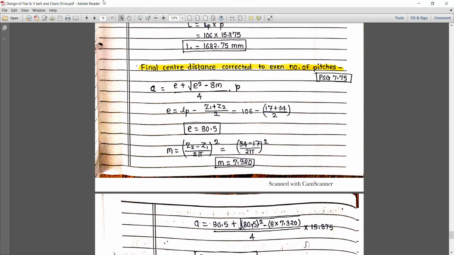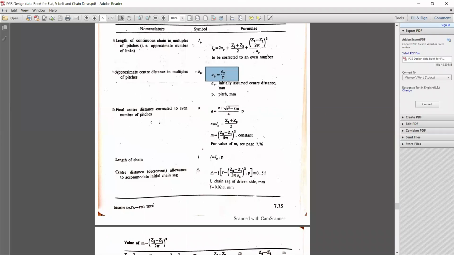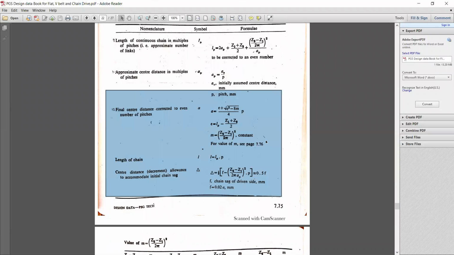Now the final center distance corrected to an even number of pitches, which is given in PSG page number 7.75. Here the final center distance corrected to the even number of pitches is equal to (E plus square root of E square minus 8M) divided by 4, into P. How can we calculate E?